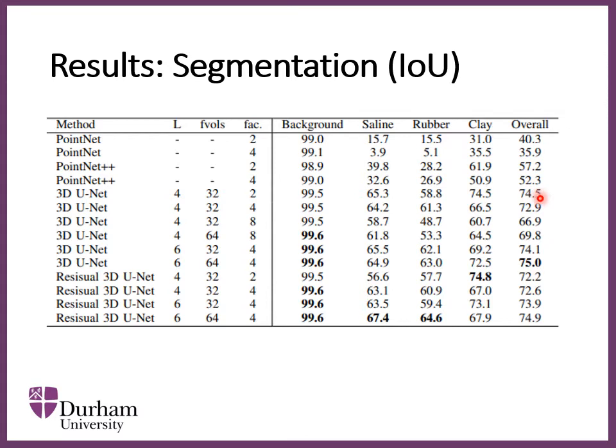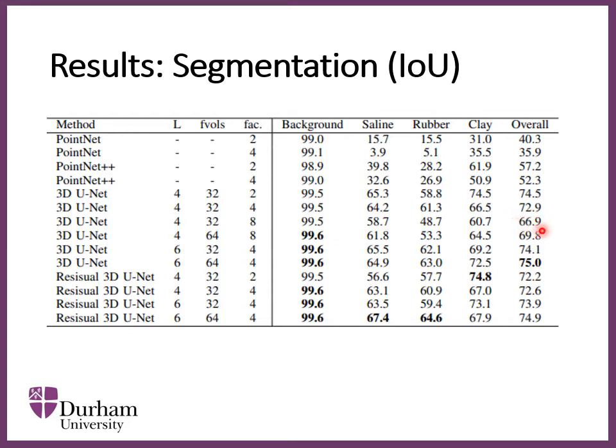And if we downsample the city volume further with a factor of 4, we get a slightly worse result. And further downsampling the city volumes by a factor of 8, we get a significant performance drop here.